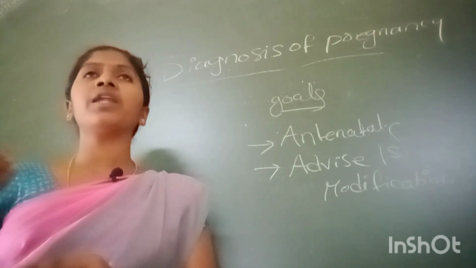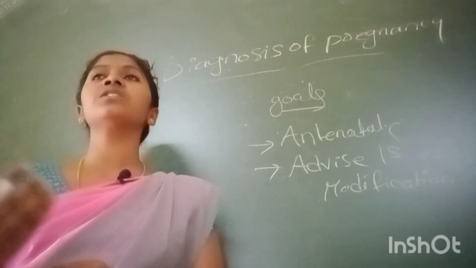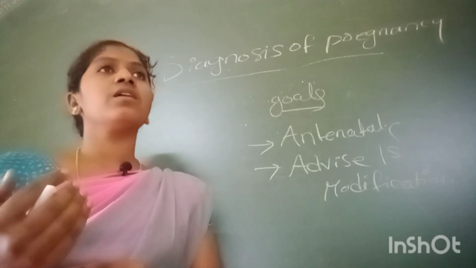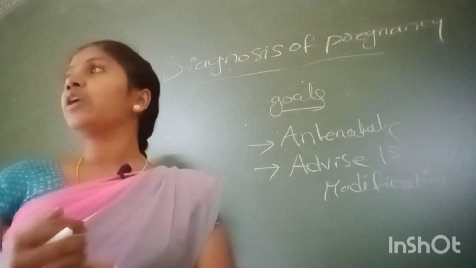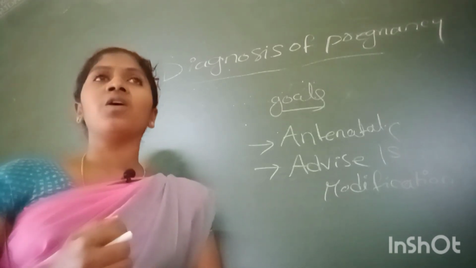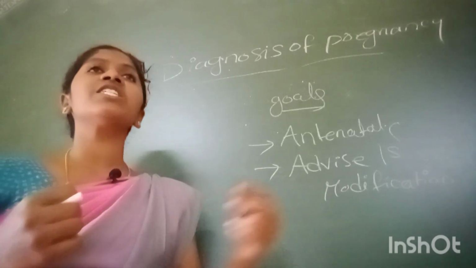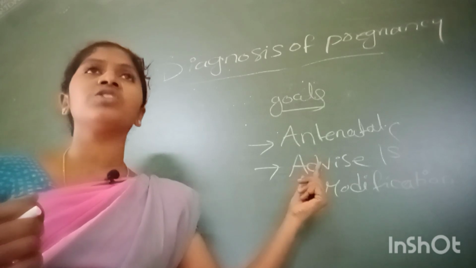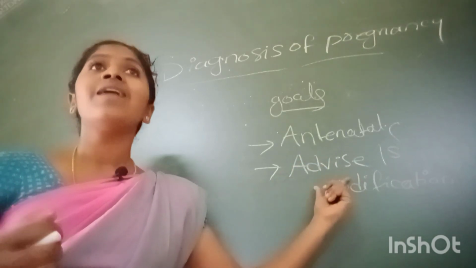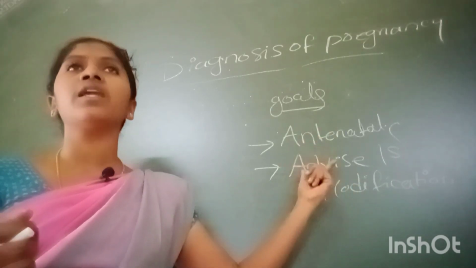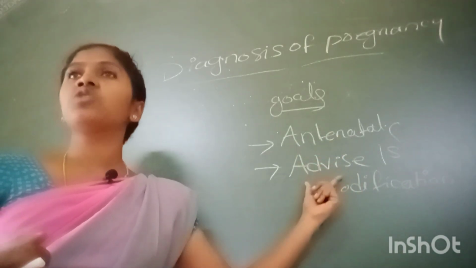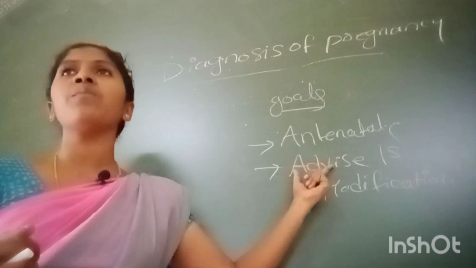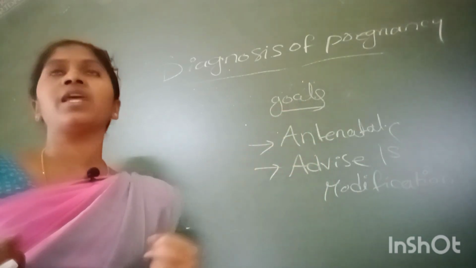But if we consider it universally, women also take alcohol and smoke. So if she is pregnant and doesn't know she is pregnant, and she continues, there is a chance of getting congenital malformations and fetal alcohol syndrome in the babies. To avoid that, it is very important to confirm the pregnancy.